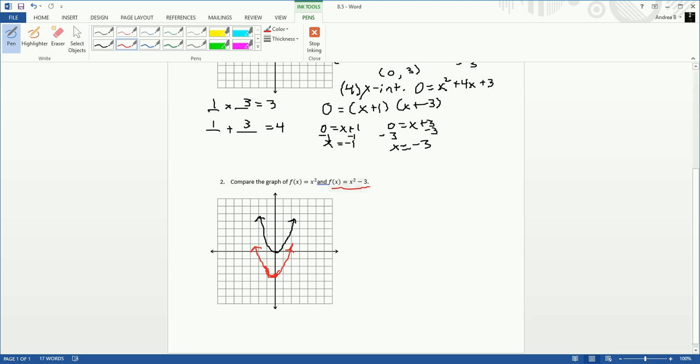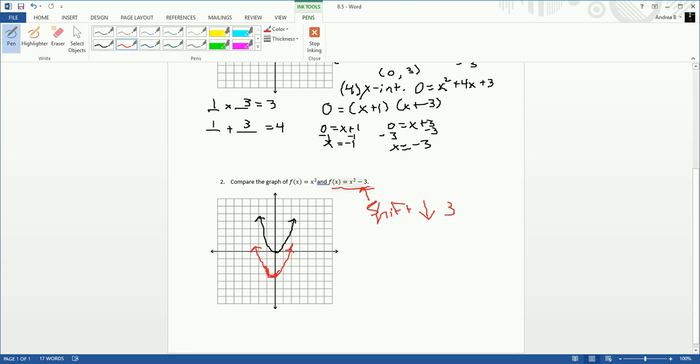Because this negative 3 is at the end and not with the x, this means it is shifted down 3. Let me write that a little better here. Shift it down, so we'll use the arrow for down, 3.